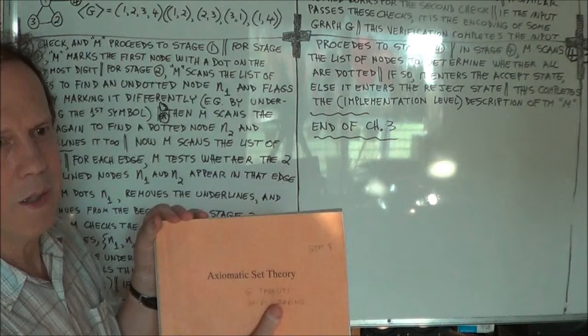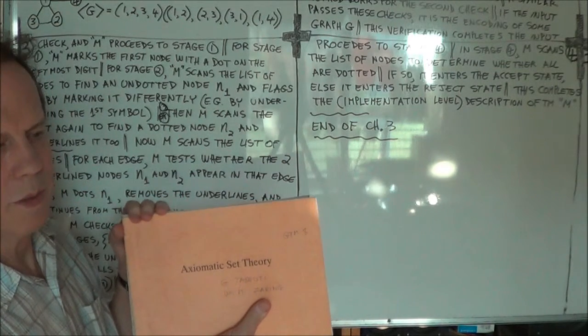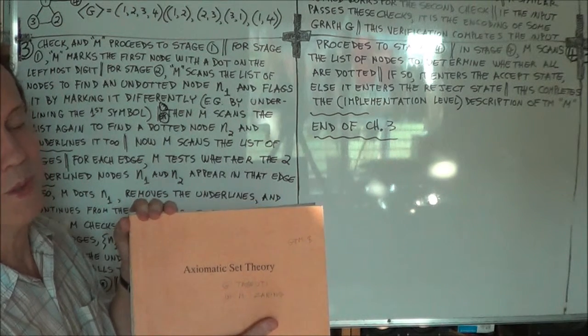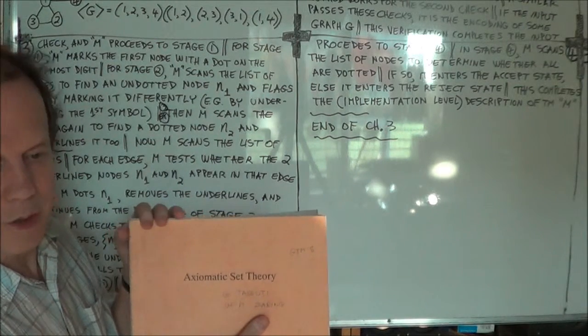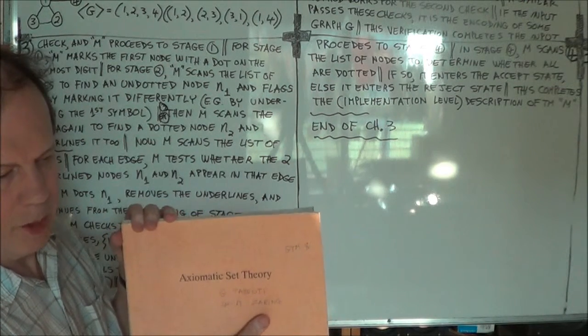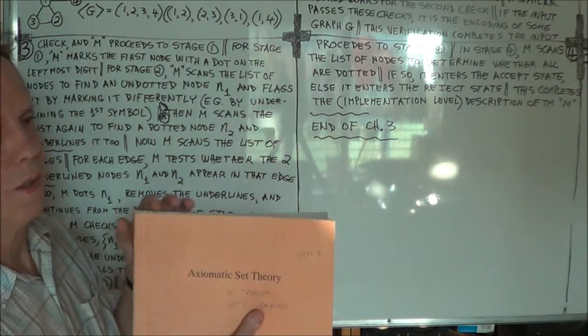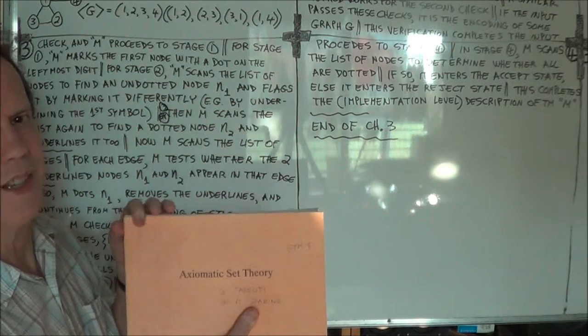So set theory and logic, mathematical logic, are closely related to theory of computation, because that's where computers came from, and Gödel's theorem, continuum hypothesis, that kind of stuff are all intimately linked, and it's just fascinating in its own right.